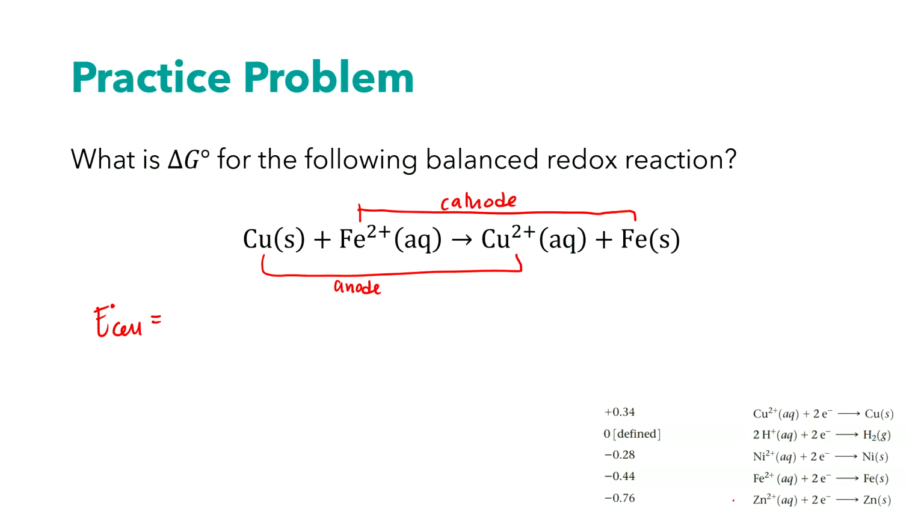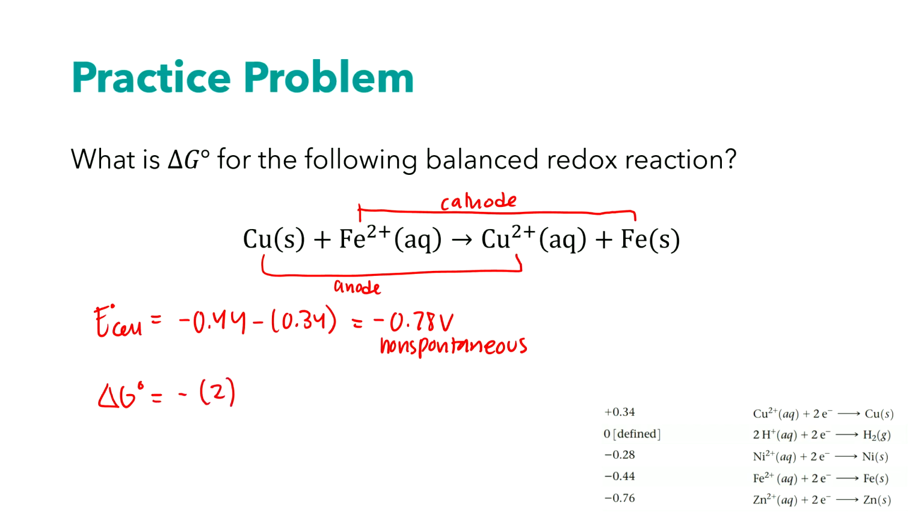So I'm going to have my iron, so negative 0.44 minus 0.34. Okay, so this gives me a negative 0.78 volts. I know that this means it's non-spontaneous and that I am going to calculate a positive delta G. So again, I'm going to have negative, my N is 2, because I am transferring 2 electrons.